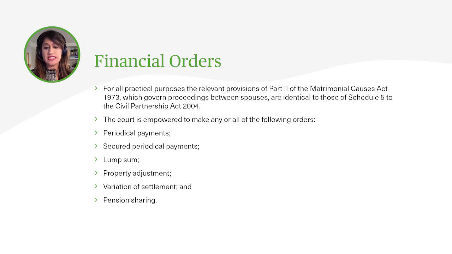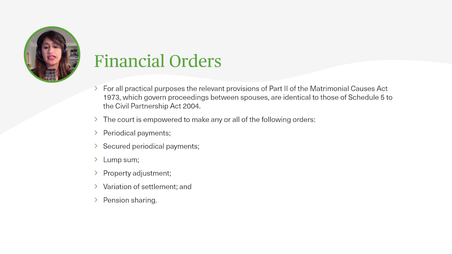For all practical purposes, the relevant provisions of Part 2 of the Matrimonial Causes Act 1973, which govern proceedings between spouses, are identical to those set out in Schedule 5 to the Civil Partnership Act 2004. The court is empowered to make any or all of the following orders: periodical payments, secured periodical payments, lump sum, property adjustment, variation of settlement, and pension sharing.